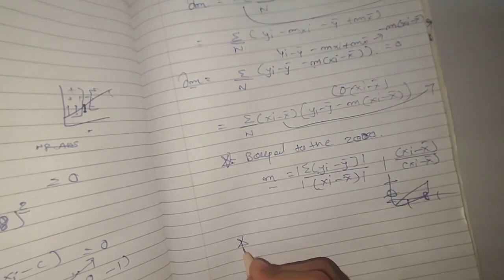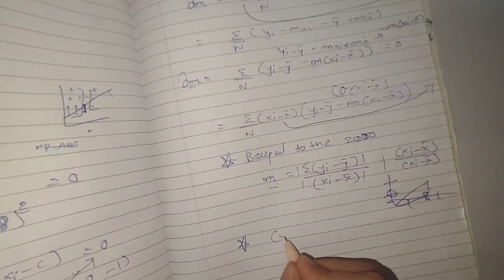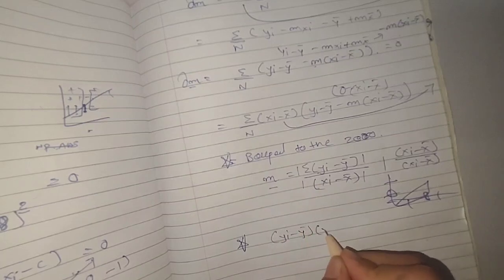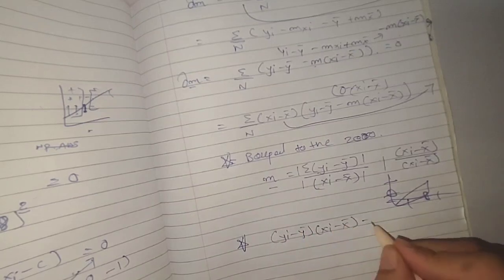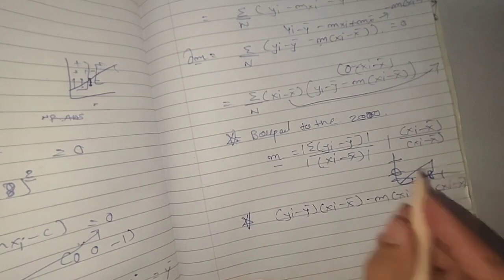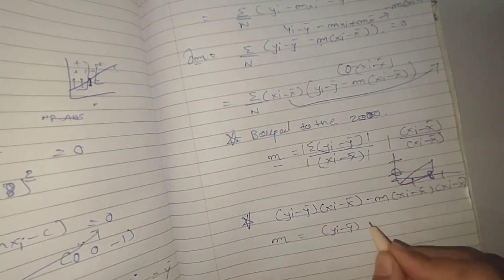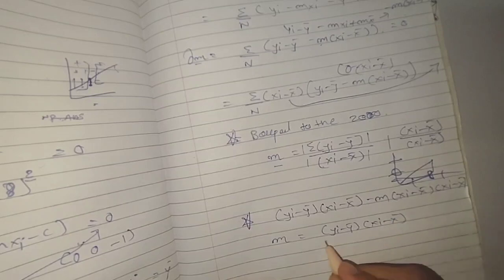So what we will be left with inside is yi minus y bar times xi minus x bar, minus m times xi minus x bar times xi minus x bar. All right, that's there. And if we solve for m, then m is the sum of yi minus y bar times xi minus x bar divided by the sum of xi minus x bar whole square.